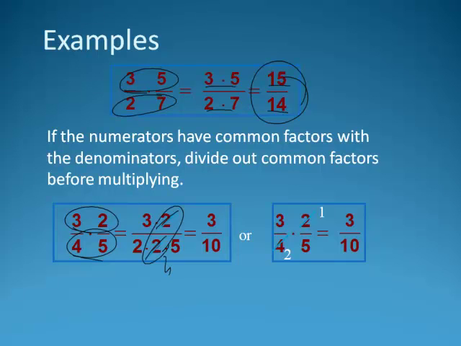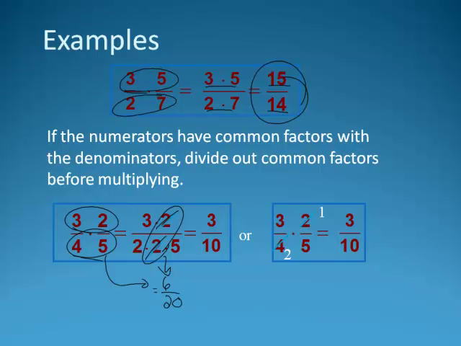For example, let's say you didn't notice you had a common factor here. So you went ahead and multiplied 3 times 2, which gives you 6. And in your denominator, 2 times 2 is 4, times another 5 is 20. So let's say that you did not cancel on that intermediate step. At this point, though, the rule in math always is you always want to write your final answer in simplest form.